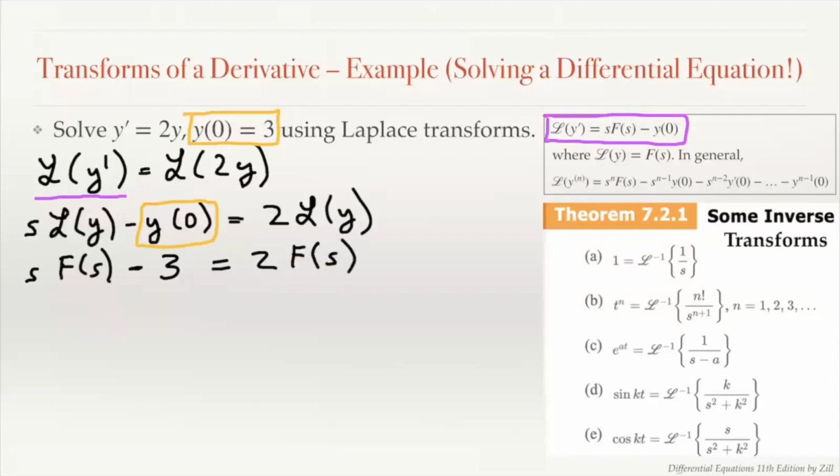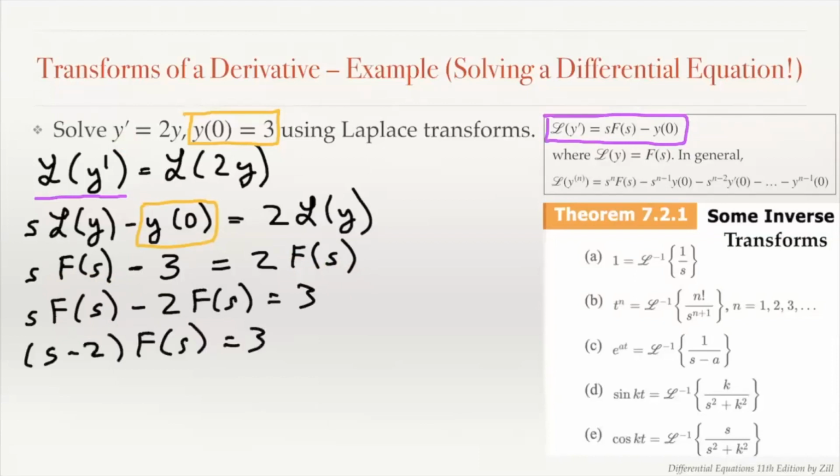And now what we do is we solve for that Laplace transform of y. After we solve for it, we'll then take the inverse Laplace transform to get back what y actually is. So how do we solve? We'll get it on one side, so that's sF of s minus 2F of s is equal to 3. Rearranging, we factor out the F of s. We divide both sides by s minus 2.